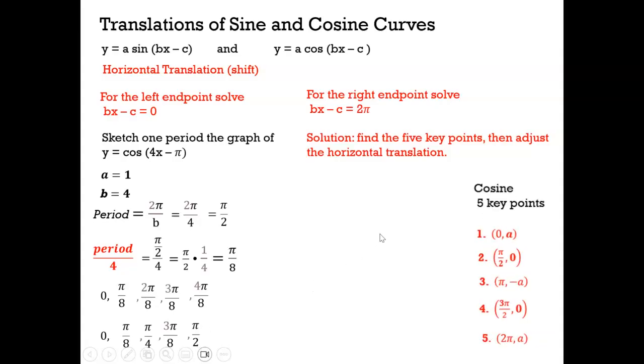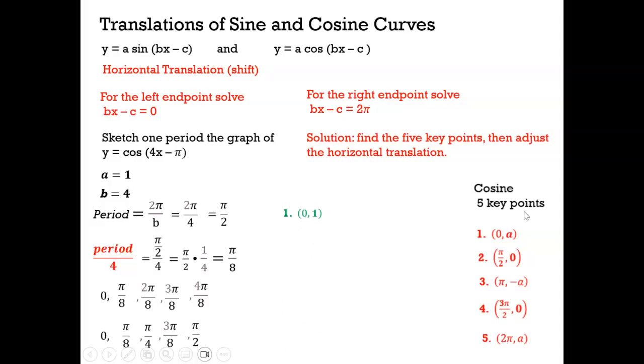Now, again, because this is cosine, this is the 5 key points for the cosine. You start at the amplitude, then 0, and so forth. But the 0, pi over 8, pi over 4, 3 pi over 8, and pi over 2 are going to replace the x values on the 5 key points.